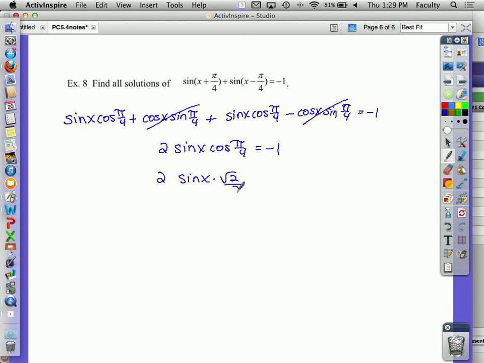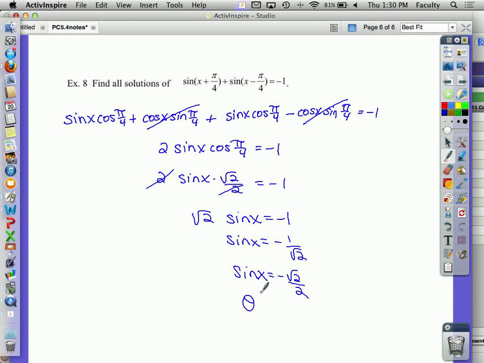Radical 2 over 2. The 2's cancel, right? And then we get radical 2 sine x equals negative 1. If you divide by radical 2, you get sine x equals negative radical 2 over 2.